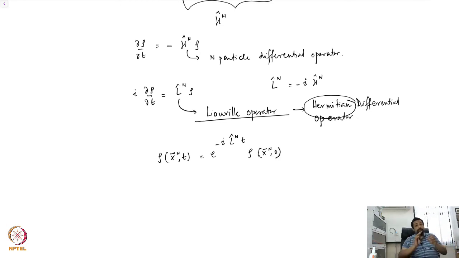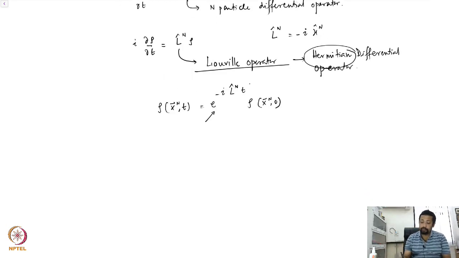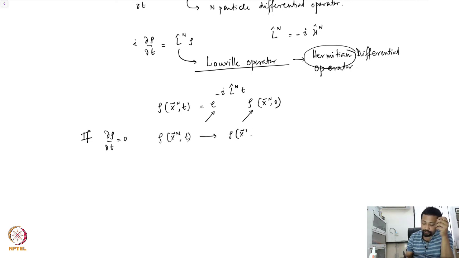So given the initial probability density, I can know the probability density at later times by operating this quantity, e to the power minus i L hat n t, on the initial probability density. If, let's say, del rho del t is equal to 0, which means the probability density rho of xn becomes just a function of the phase space variables and no longer a function of time.